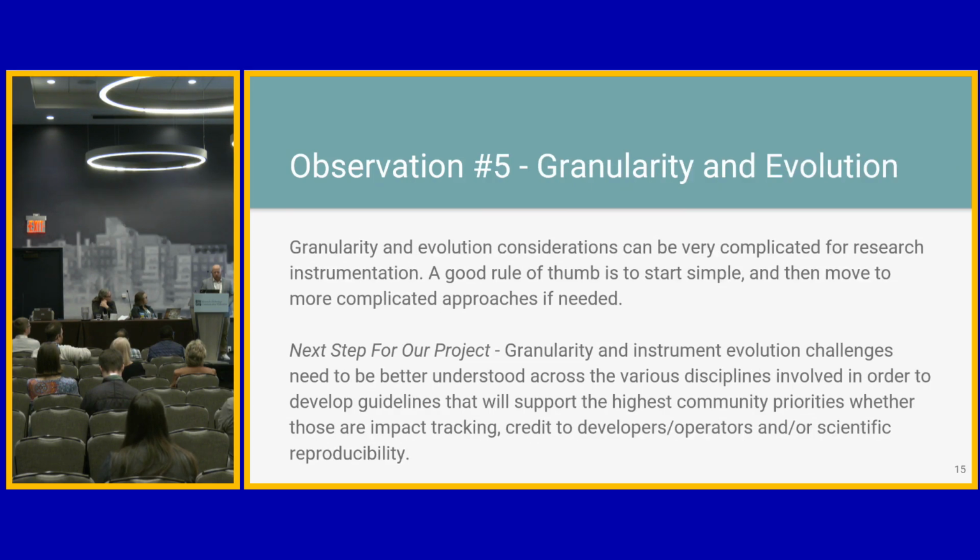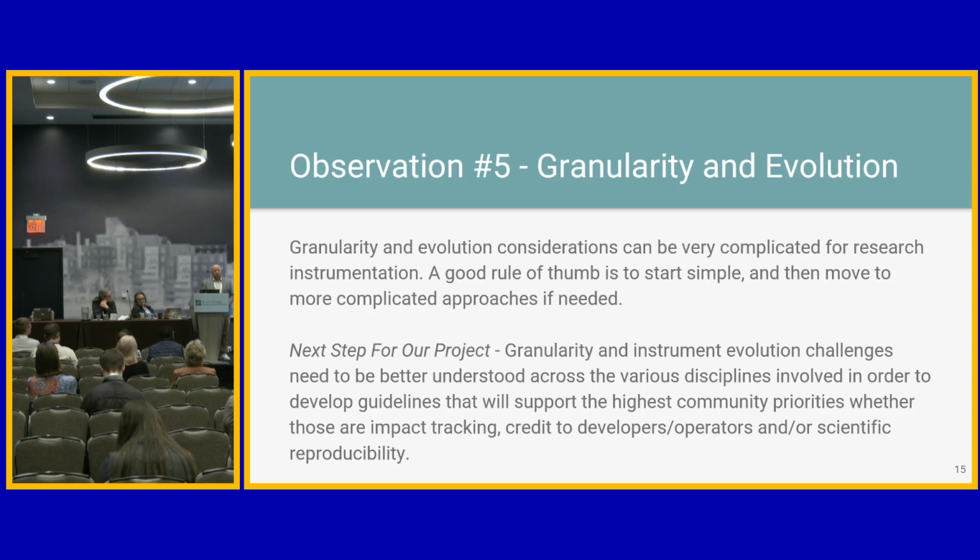I'm kind of bleeding into these as I go through the recommendations, but granularity, I mentioned that a little bit. What exactly is a scientific instrument? That is a question that came up a lot in our focus groups. And so that is something we're going to need to talk about as a group. Right now the idea is about adoption, so it's really more important to capture PIDs for as many instruments as possible.